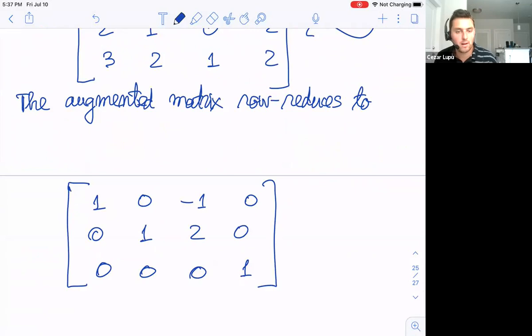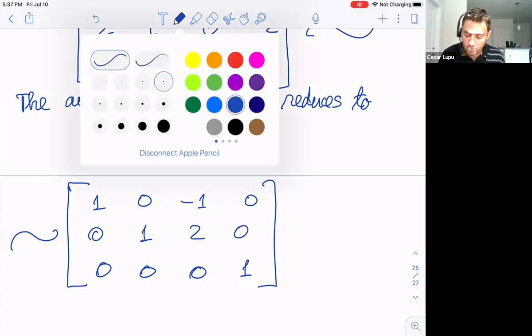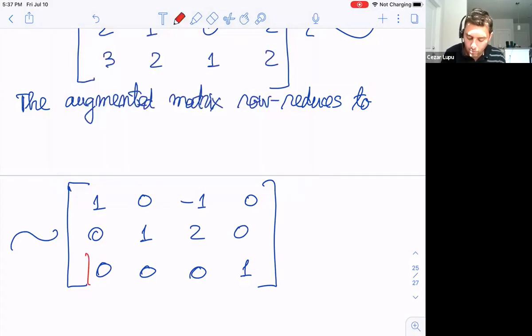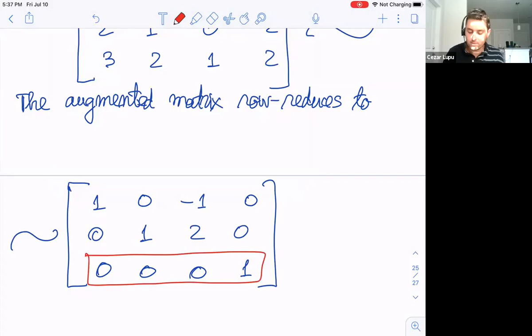Well, what can you tell me about the solutions here? No solution. If you look at the last row, you will have that 0 equals 1. So there are no solutions.